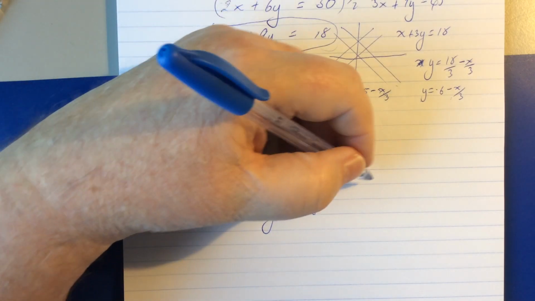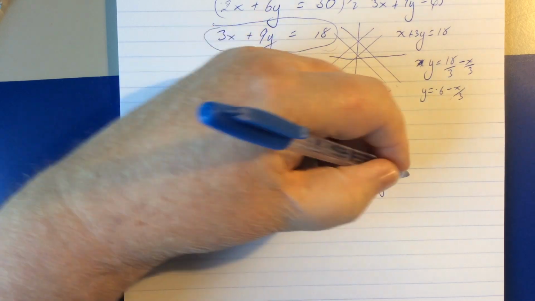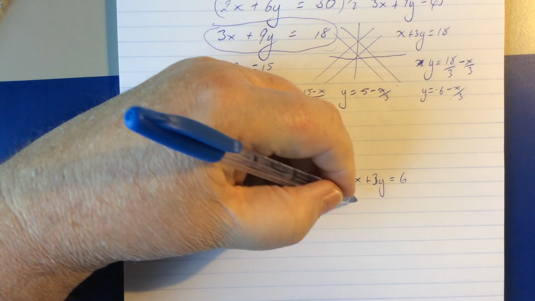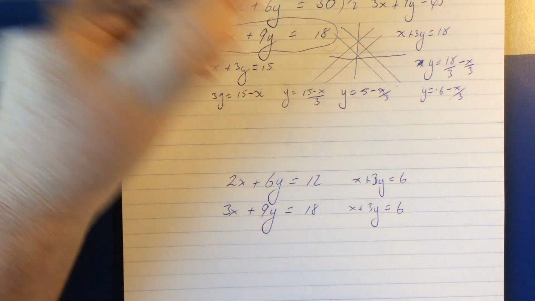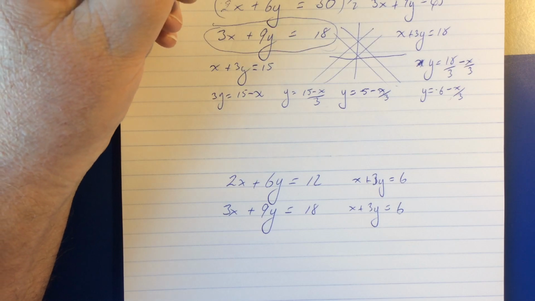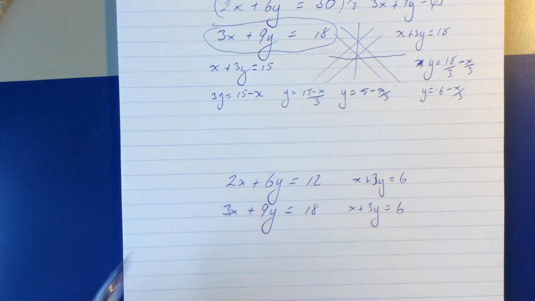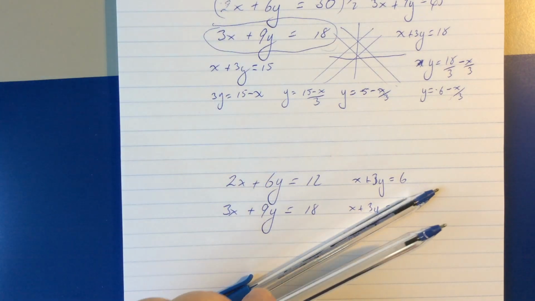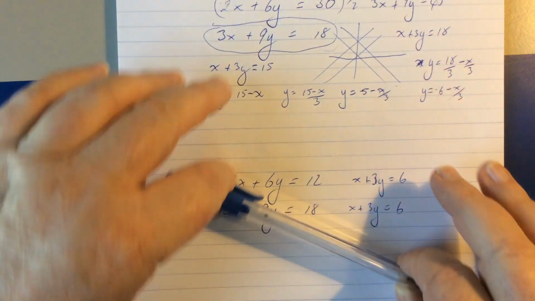We do the same thing again, but we'll hurry the process up a little bit. We'll divide this by 2, and we get x plus 3y equals 6. And divide this by 3, and we get x plus 3y equals 6. They're the same equation. What are they going to do? Well, I'm going to spoil the surprise. They're going to sit one on top of the other, like that.